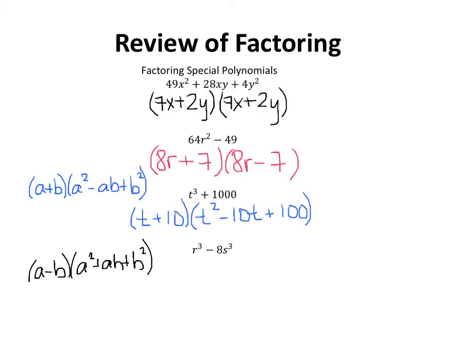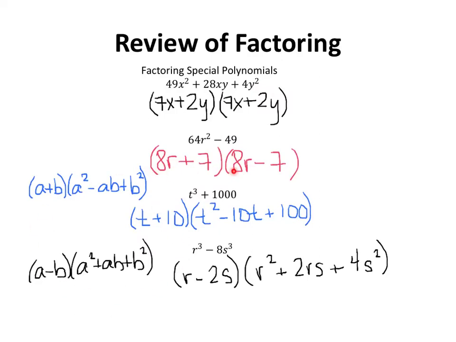So if we apply that, we have r minus 2s, r squared plus 2rs plus 4s squared. I don't expect you to memorize these formulas, but if I give them to you, I expect you to be able to use these too. These I do expect you to memorize.